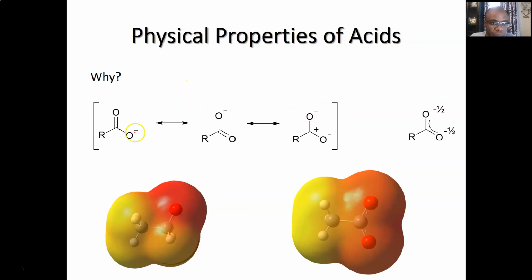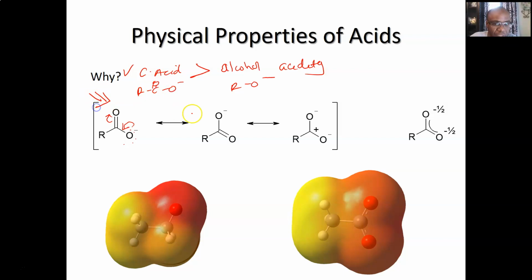Like I said, once you make your carboxylate, the carboxylate is resonance stabilized. That's why the carboxylic acid is a stronger acid than alcohol. The alcohol will give you an alkoxide, and the carboxylic acid will give you a carboxylate, which of course is resonance stabilized.